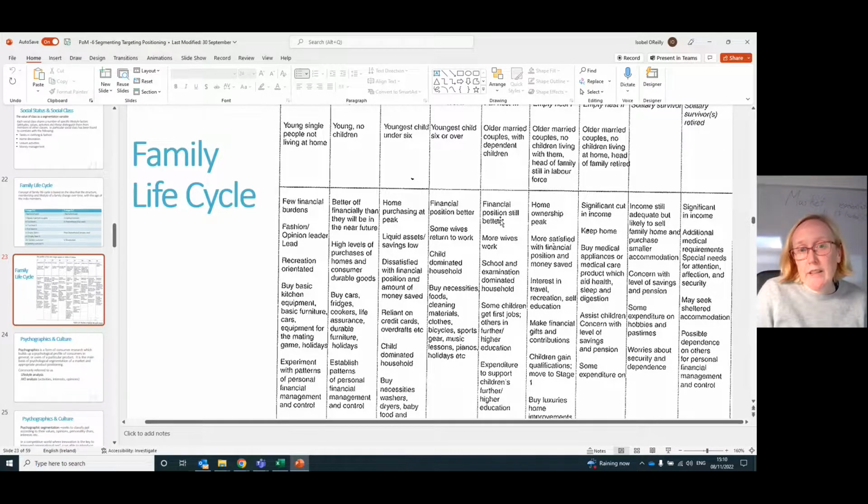The household is dominated by the activities of the kids. They're doing junior cert, they're doing their leaving cert, and it's all about their schooling and all that entails, their piano lessons or whatever, GAA training.